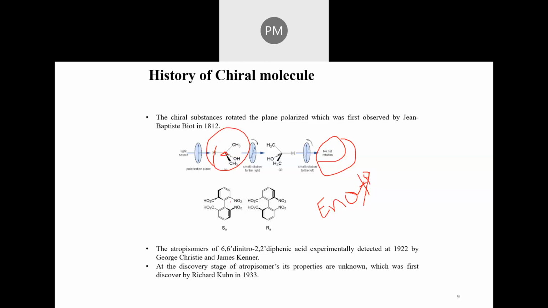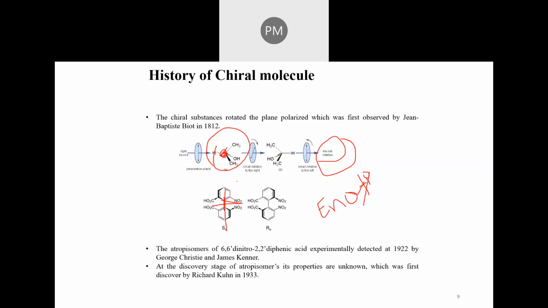And there is also chirality where, around a C-C bond, bulkier groups are placed and they are not in the same plane. That is axial chirality, about an axis, while the other is point chirality.